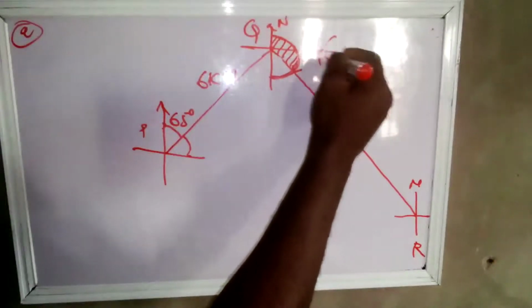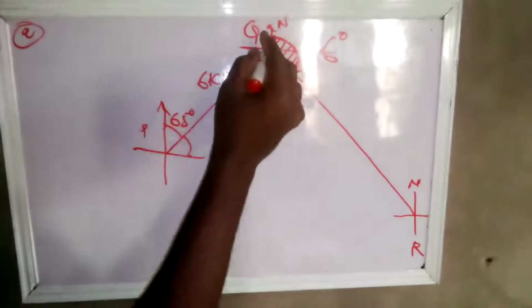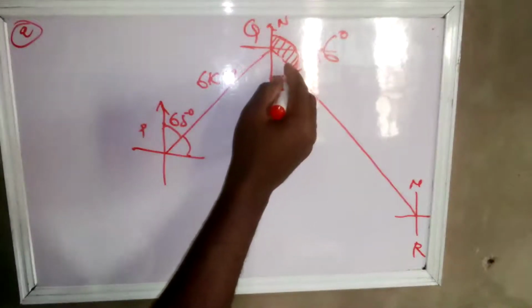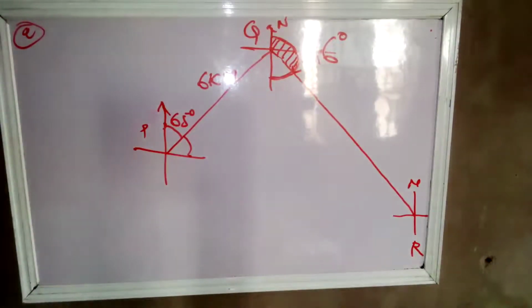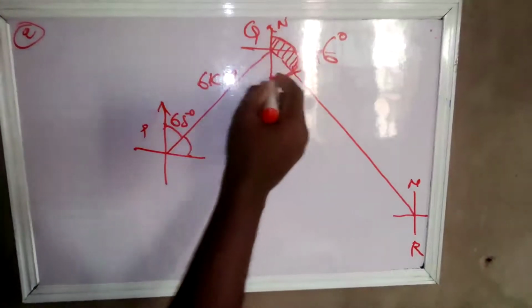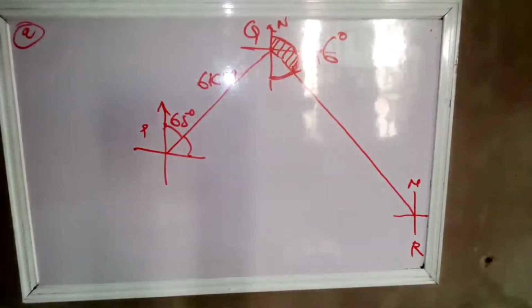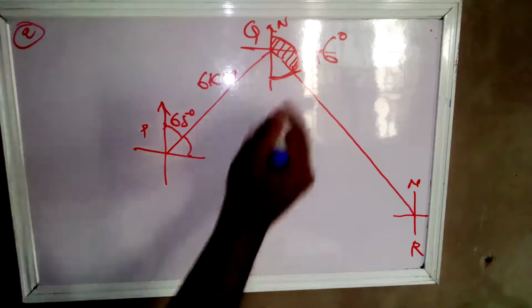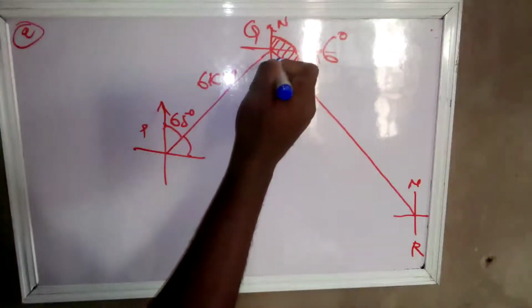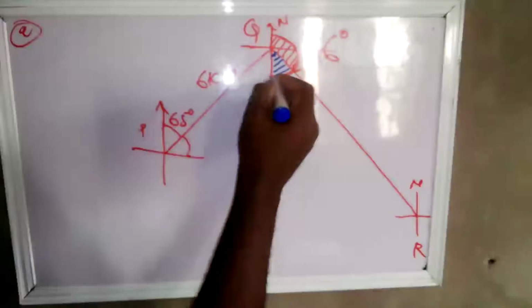So this will be 146 degrees. You will not get to 180, but the whole of this place is 180 degrees. So what is remaining for it to be 180 is this place. How are you going to get this place?